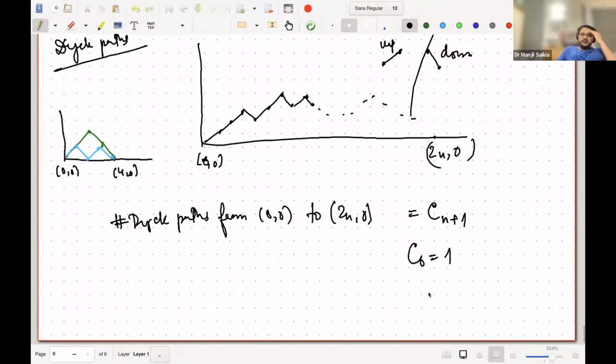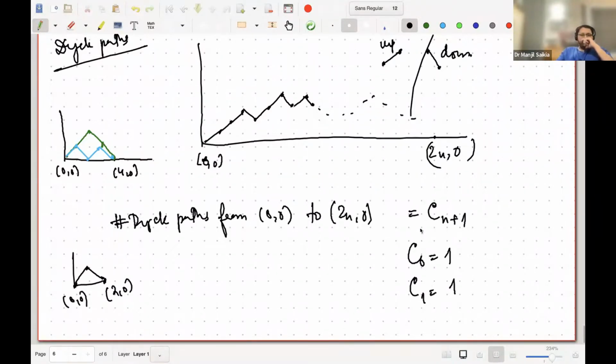So showing C0 is equal to 1 and C1 is equal to 1 is quite easy. So there is only one path which starts from 0, 0 and ends at 0, 0, which is the empty path. And there is again only one path which starts from 0, 0 and ends at 2, 0, which is just going up and going down. So this is just the single path that I have.